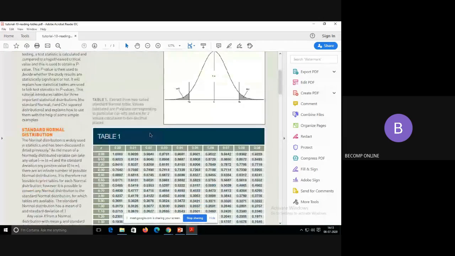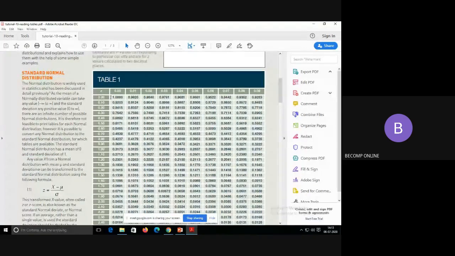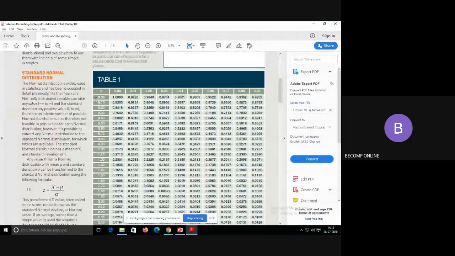This is table number 1, which is used for the Z test, and these are the p-values. If the computed value for Z is 0.01, then how is the p-value selected? 0.01 indicates that if we have like this.